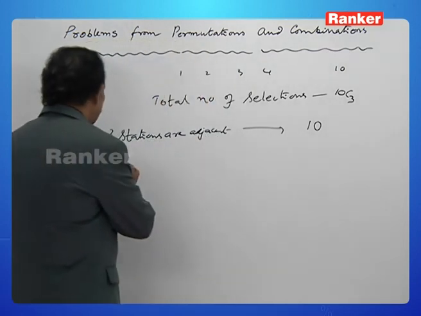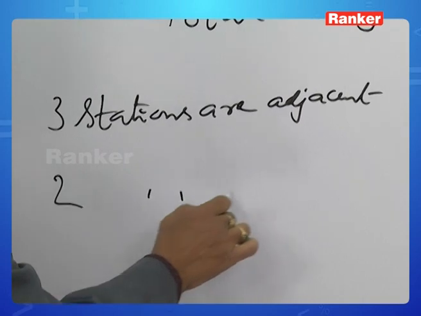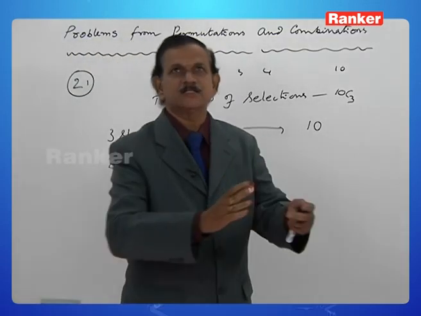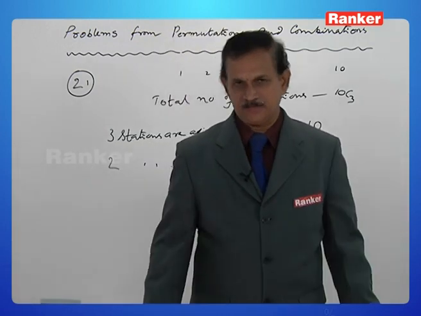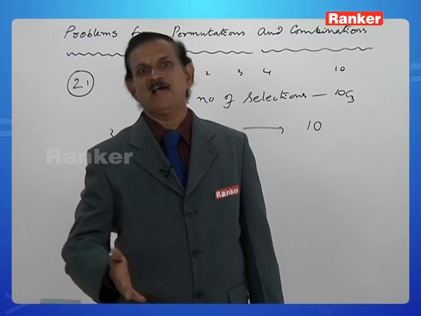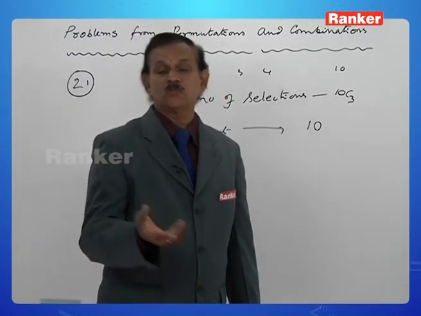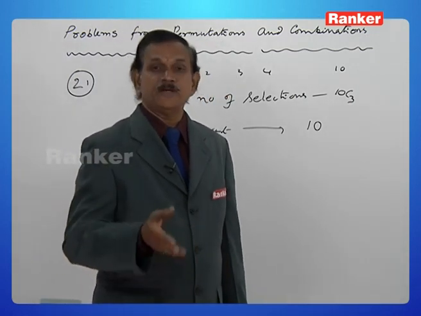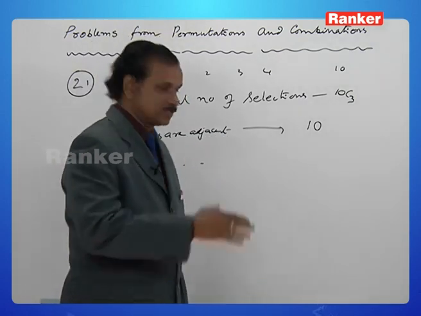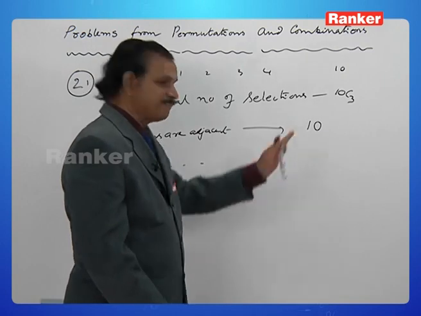Again, 2 stations are adjacent. How many stations are there? 10 stations are there. We are planning to find the number of invalid selections, and in those invalid selections we could have already noticed that those selections in which the 3 stations are adjacent we have already found.